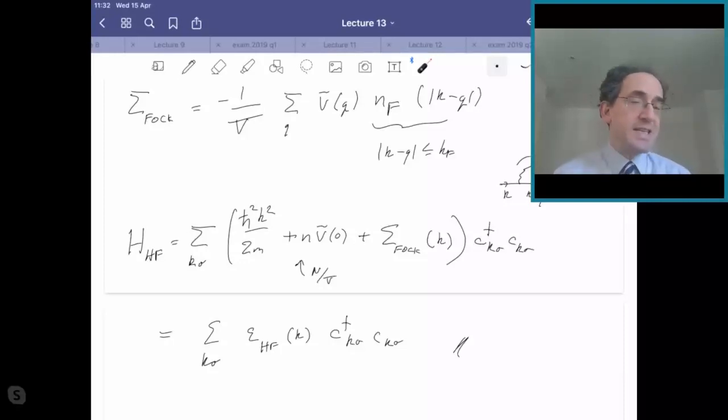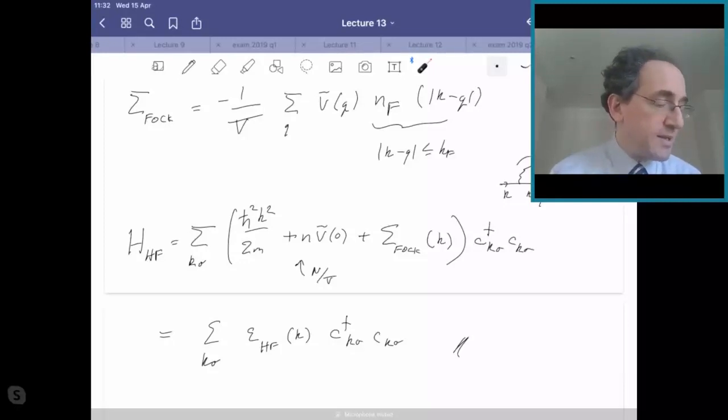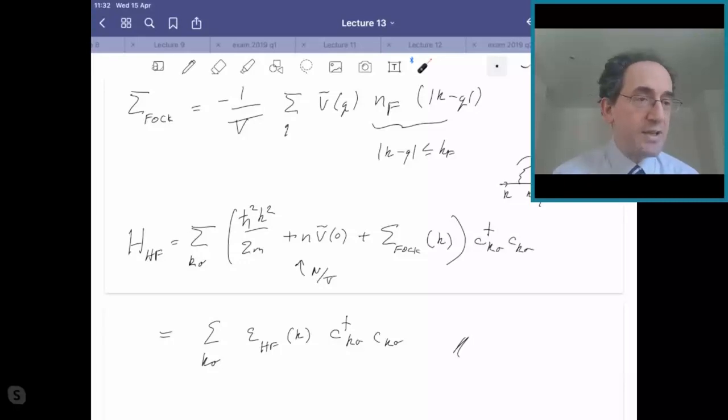But in fact, it's not so surprising when you think about it more carefully, because we have something very powerful, which is the translational invariance. Translational invariance guarantees that our system has to be in a momentum eigenstate, and all of the excitations, at least, have to be momentum eigenstates as well. Since Hartree-Fock can give us not only the ground state but also all the excitations, each one of these excitations has to be labelable by a momentum.